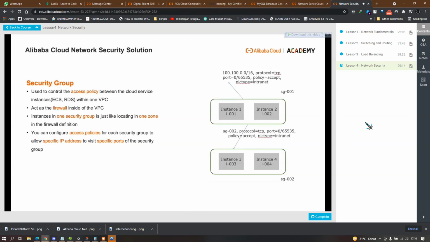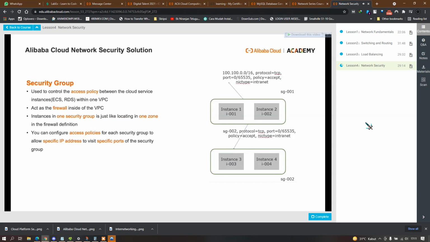So what is a security group? Here we can briefly say that a security group acts as a firewall inside the VPC on the cloud, which means we can use it to control the access policy between cloud service instances within one VPC. For example, within one VPC we have some ECS instances running a web application, and other ECS instances running a business processing application.